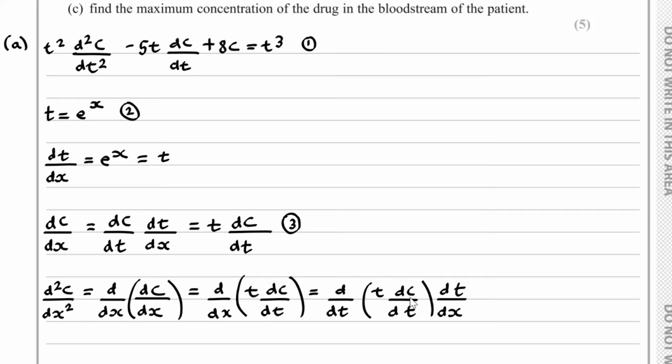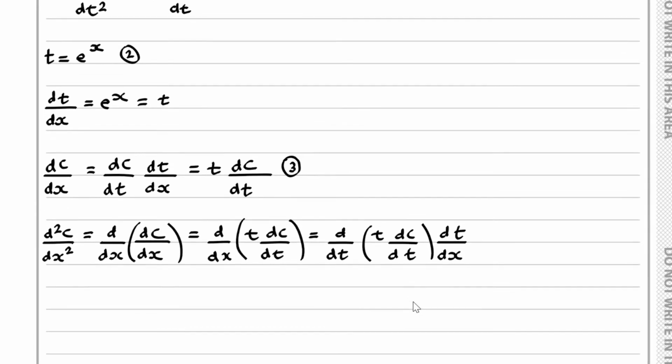Now, t times by dc over dt, well, we can do this using the product rule.